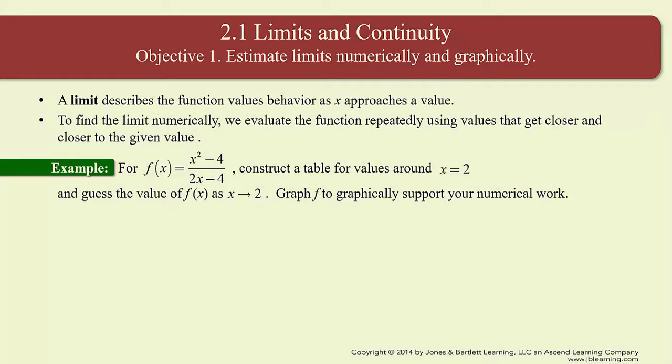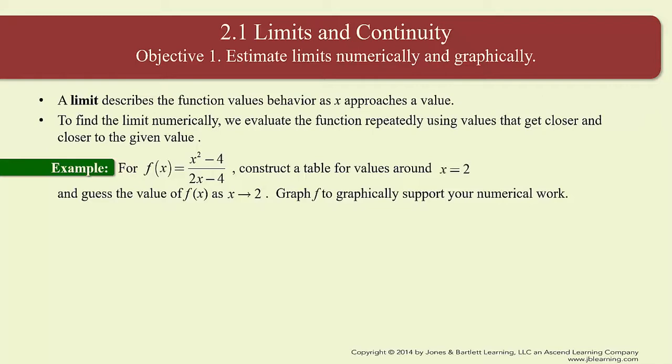So the question, and the limit concept, is: we know we can't put 2 into the function. We cannot put 2 in for x. But what is happening to the functional values, the f of x's, or the y's if you prefer, as x gets really, really close to 2? So we're going to make a table of values, and we're going to guess what we think the functional values are approaching when x is really, really close to 2.